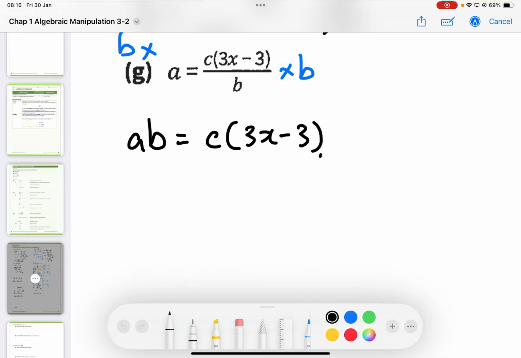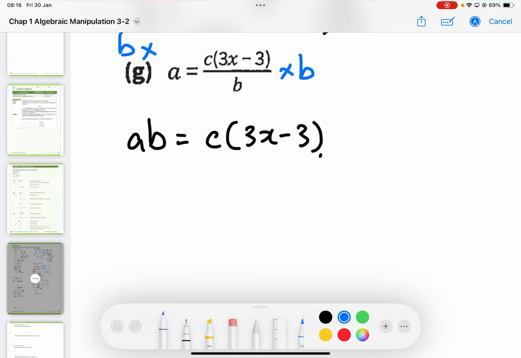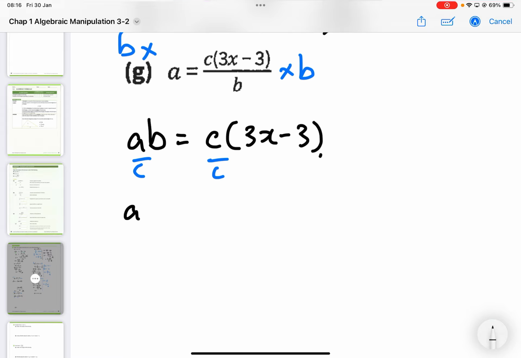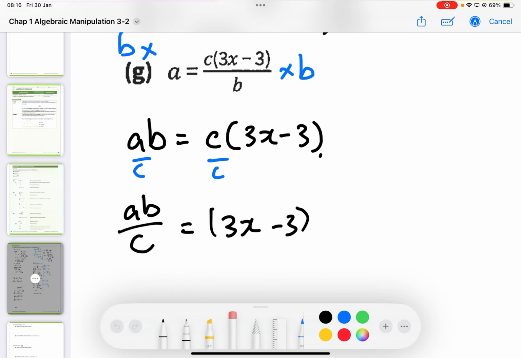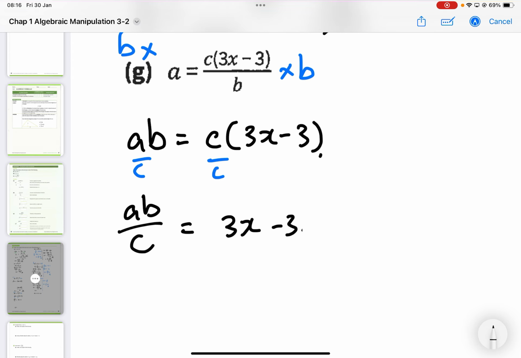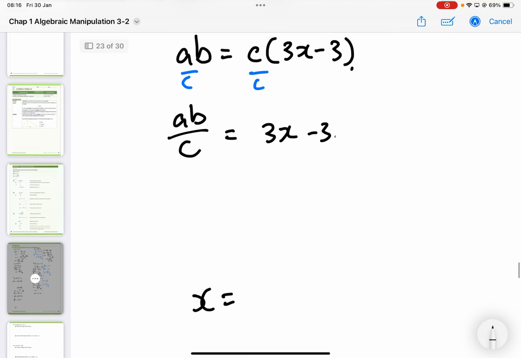So I want to get rid of C. I divide by C, divide by C. Then I will have AB over C equals to 3x minus 3. Bracket and no bracket is the same already because it is not multiplied by anything. So I can also remove the bracket. Then I get closer and closer to having 3x by itself. Then I want to get rid of the negative 3 from the right.